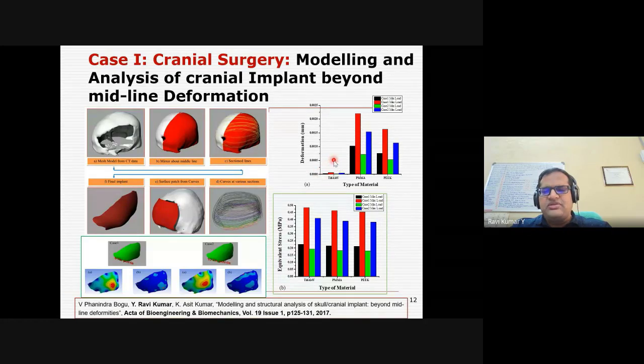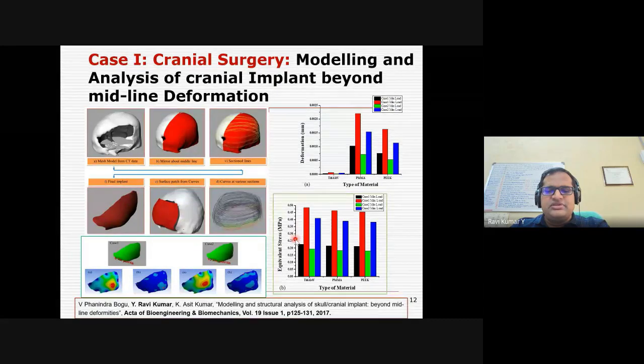We checked for the biocompatible materials that you can print. From the polymer group, PEEK, polyether ether ketone, and polymethyl methacrylate, PMMA, were considered, and from the metal side, titanium Ti-6Al-4V was considered for the material study.